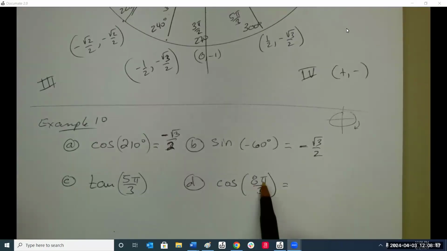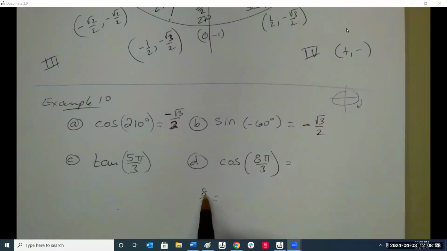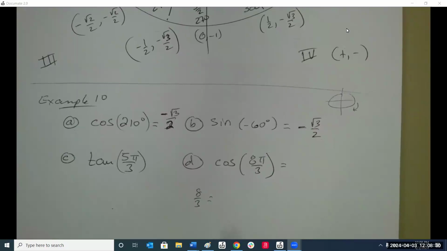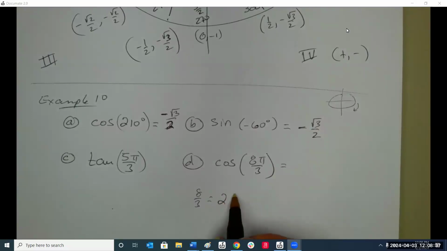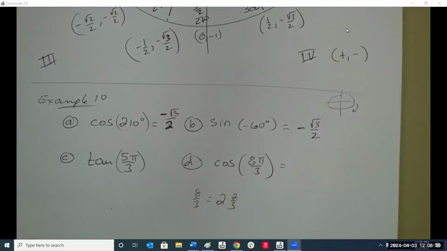Let's look at what is 8 pi over 3. Let's look at 8 over 3 and turn that into a mixed number. How many times does 3 go into 8? Twice, with how much left over? 2.